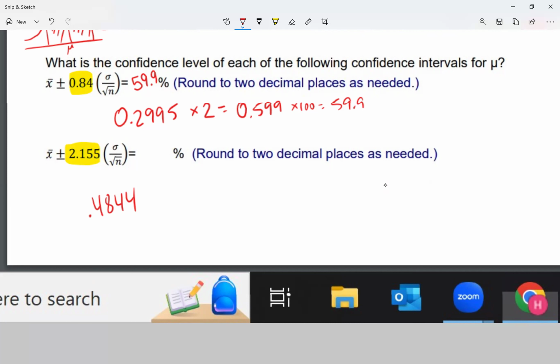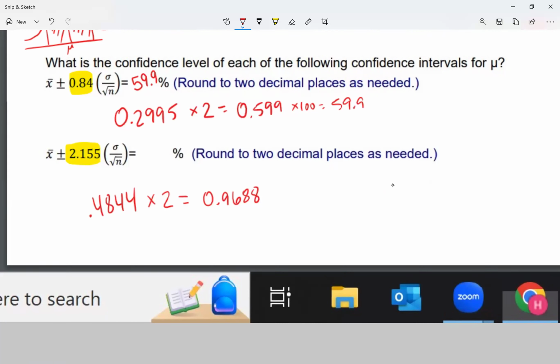Okay, so 0.4844. Remember, I have to multiply this by 2 because my table only gives me half of my graph, only half of my percentage. According to this, the decimal that I get is 0.9688. I had to give my answer as a percentage, not as a decimal.